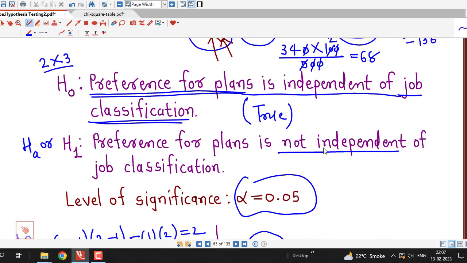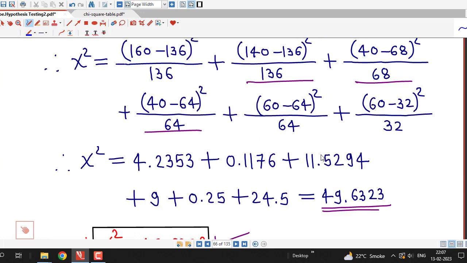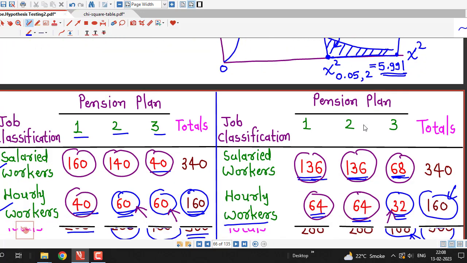Now you can see we have calculated the value of the test statistic, and it is nothing but 49.6323, and this value is 5.991. So 49.63 is always greater than 5.991. Therefore we are in the rejection region, and therefore we reject the null hypothesis.